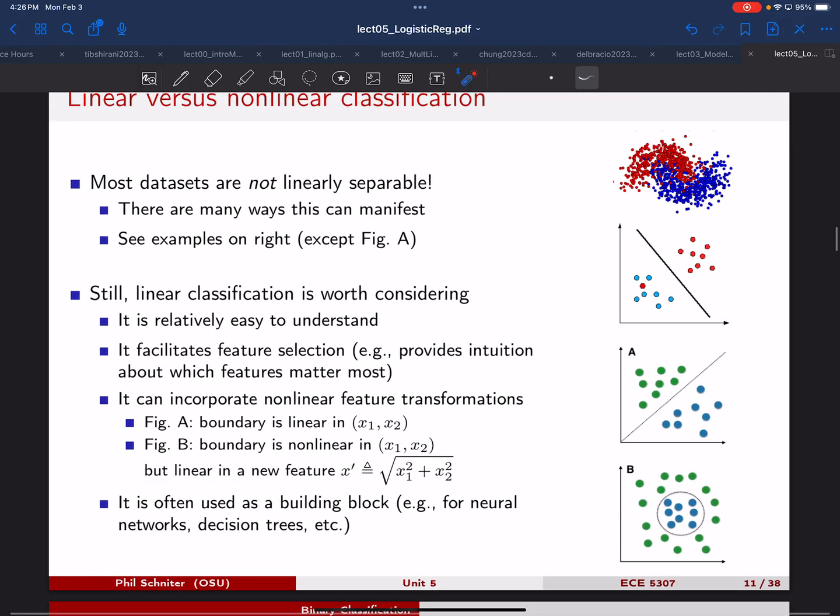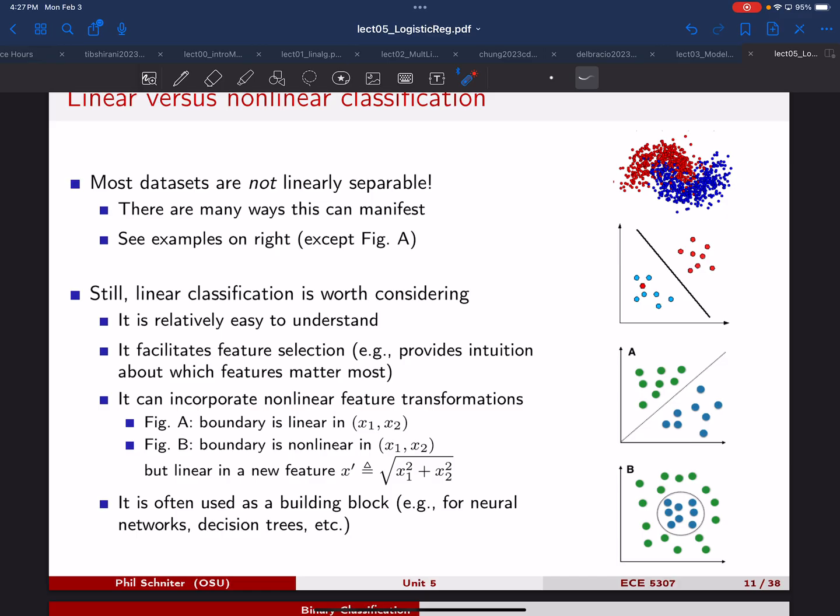Okay, so you can see that linear classification imposes some restrictions. It's not the most powerful thing that we could do, but still, there are a number of reasons we're going to consider it. First of all, it's relatively easy to understand compared to methods with nonlinear boundaries. Number two, it facilitates feature selection, meaning we can figure out which features are most useful in predicting the target.